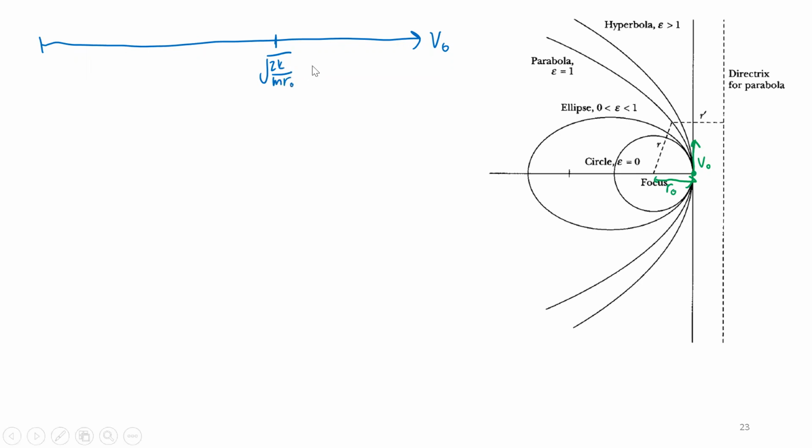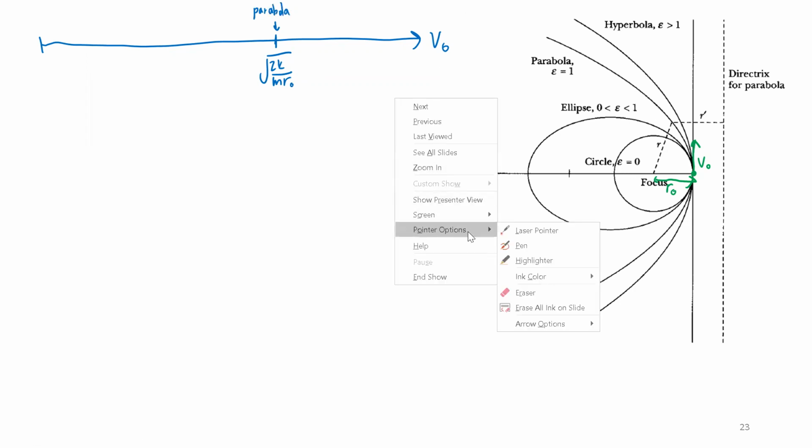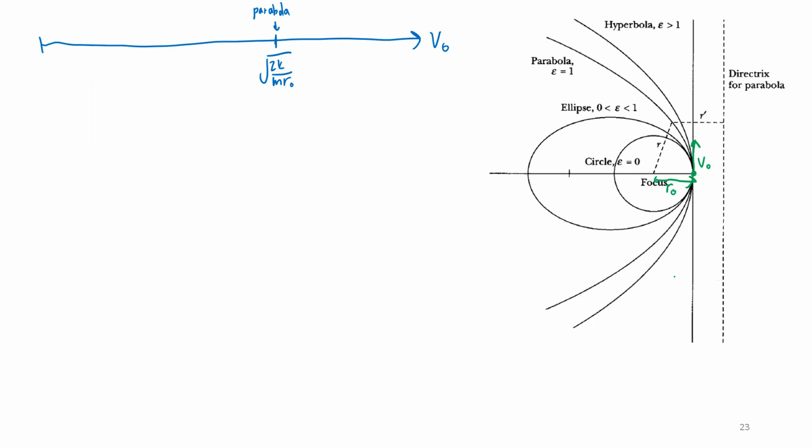If I'm exactly having this value of V naught, then this would be a parabola. And if V naught is higher than that, all this, then it would be a hyperbola.